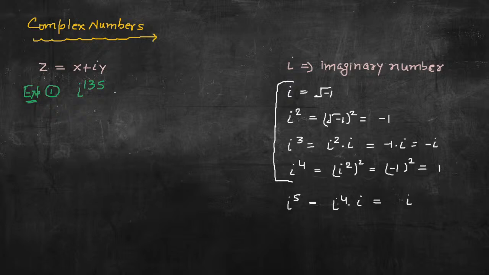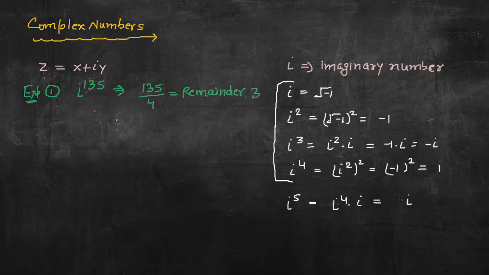The simple thing you have to do is take 135 and divide it by 4. When you divide it by 4, you just find the remainder. You will see the remainder becomes 3. 4 3s are 12 and so on. The remainder will be 3.